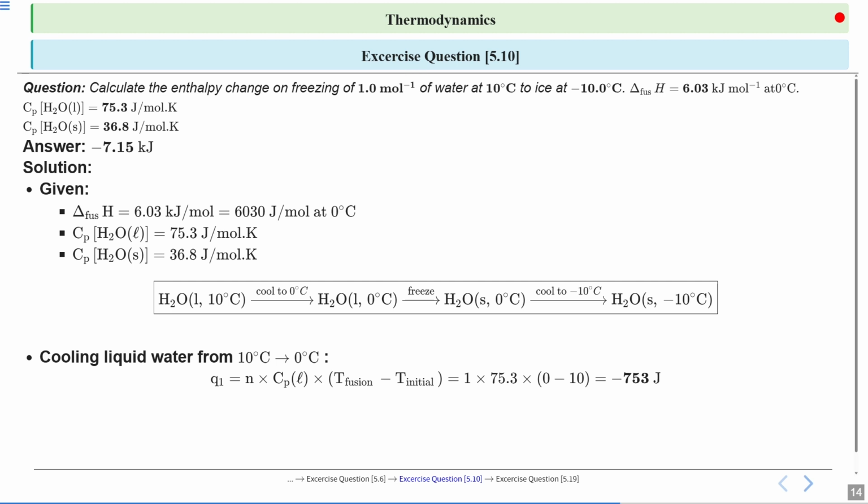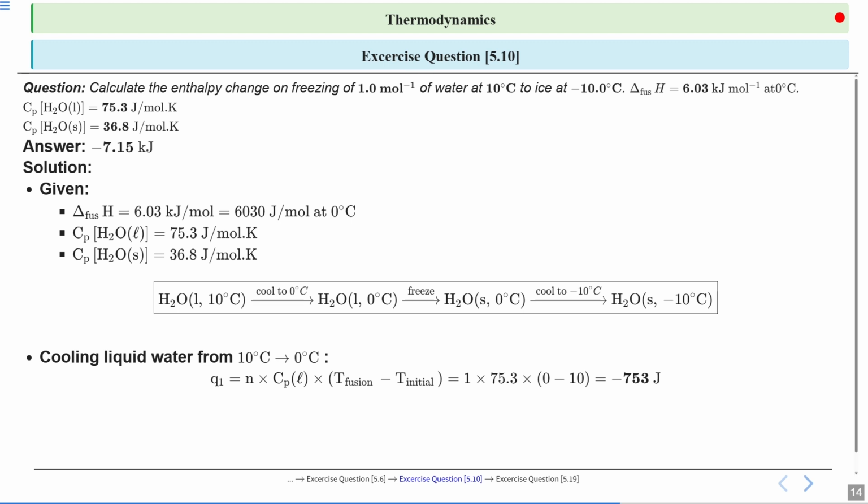Remember this thing. If you are keeping the pressure constant, then we can say that the enthalpy change will be equal to Q, and this has already been mentioned in the phase transition discussion. So what we can write? n into Cp delta T. So that is the equation for the enthalpy change, right?